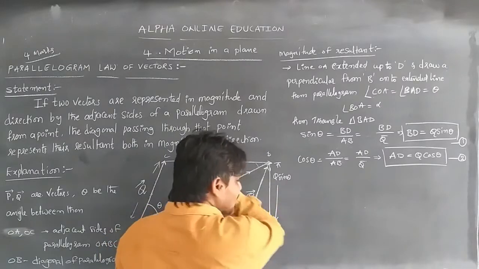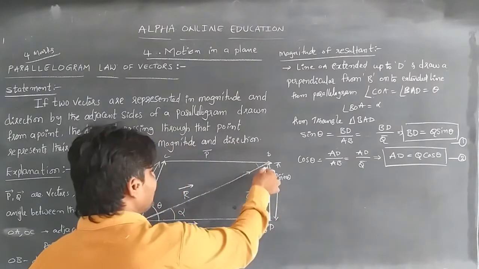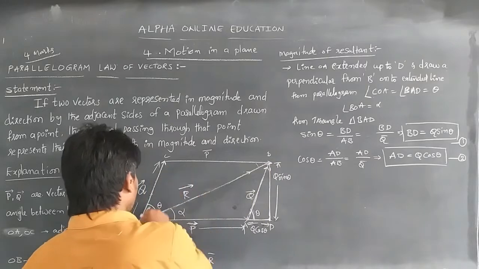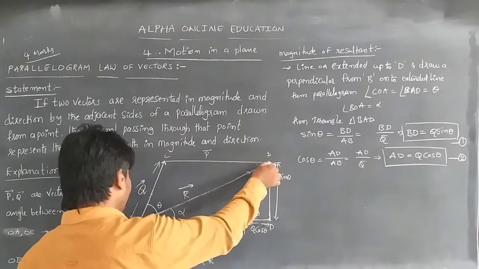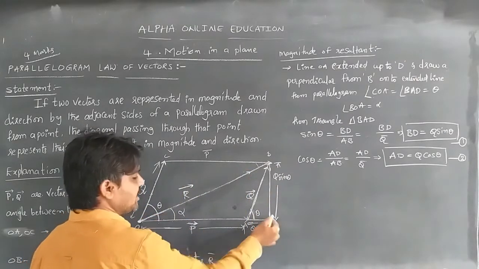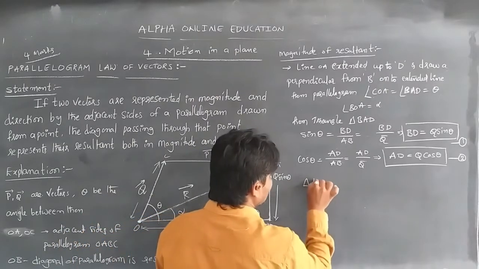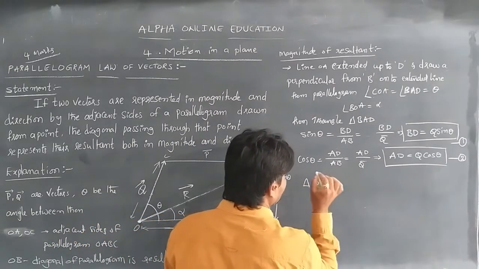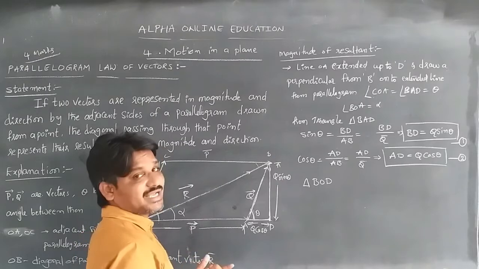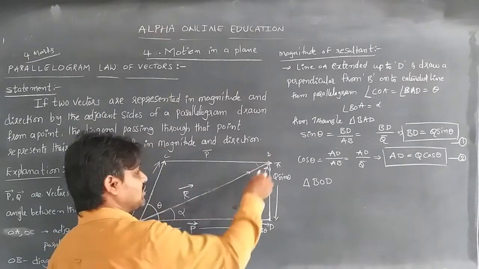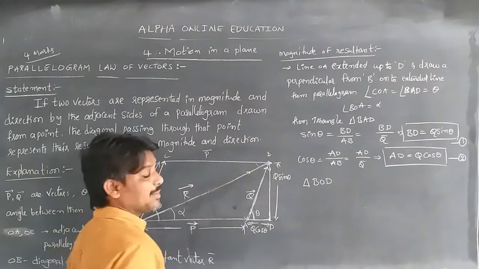From the triangle BOD, we are taking the parallelogram law of vectors. In the case of BOD, we are applying the Pythagoras theorem.